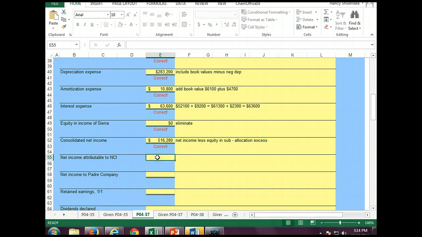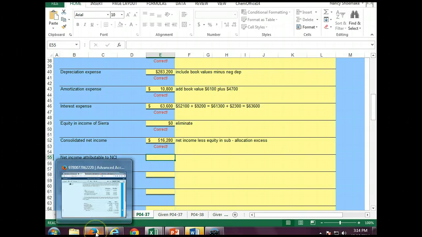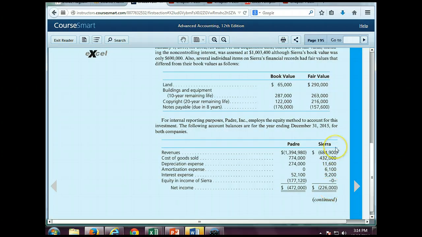Net income attributable to the non-controlling interest. So how are we going to determine the net income attributable to the non-controlling interest? Let's look at Sierra. Their net income shows how much? 226. Then what else do we need to do with that 226?